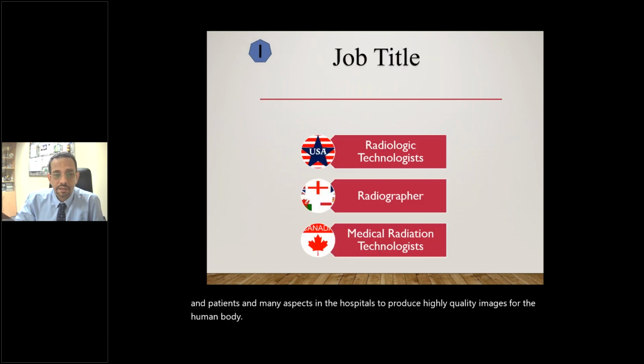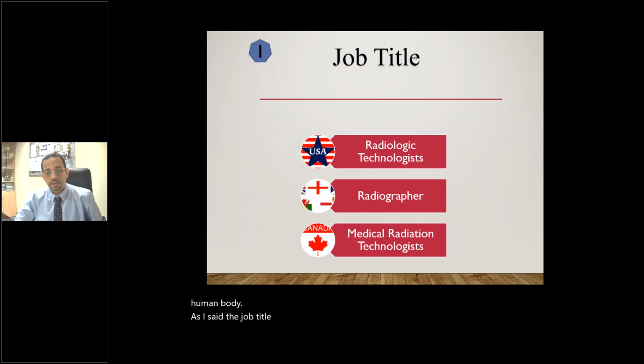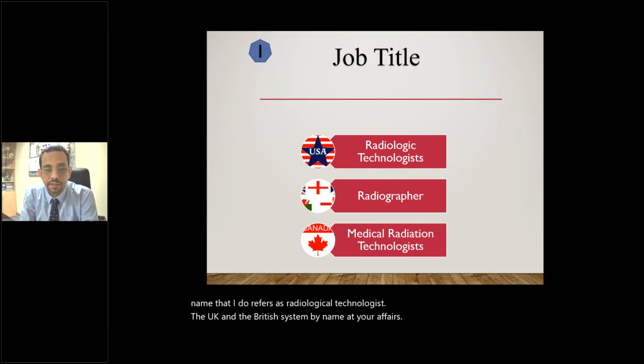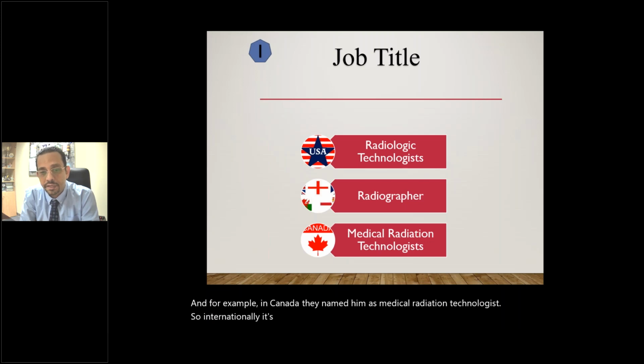As I said, the job title is different from one country to another. For example, in the US, they name radiographers radiological technologists. In the UK and the British system, they name them radiographers. And in Canada, they name them medical radiation technologists. So internationally, it's very obvious that there is no agreement on one title.